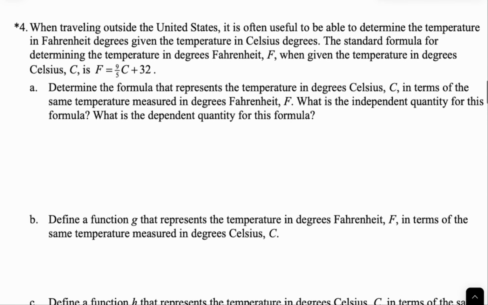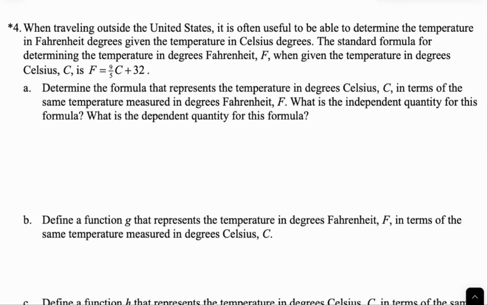Now let's go ahead and look at example 4. So here it has the standard formula for Fahrenheit given Celsius, the formula we see here. So let's highlight that formula. And then at A, it says determine the formula that represents the temperature in degrees Celsius in terms of Fahrenheit.